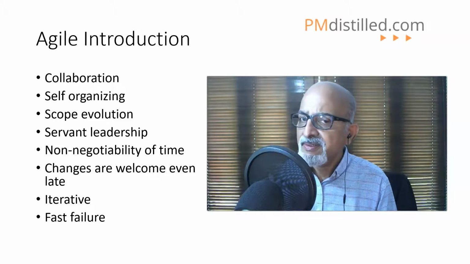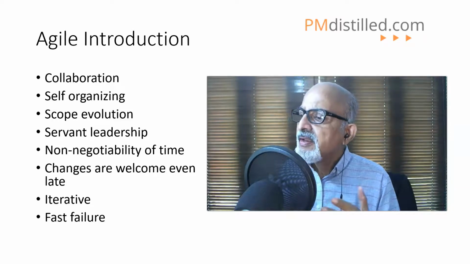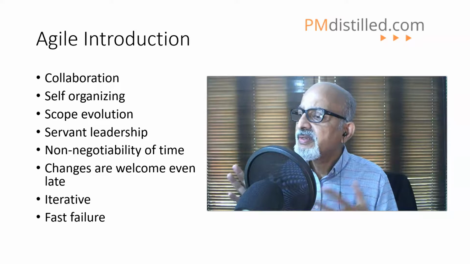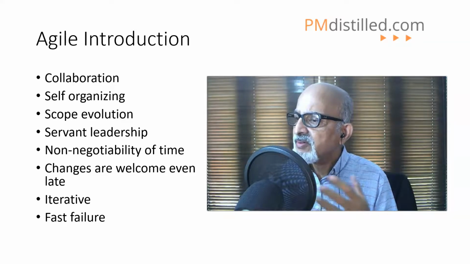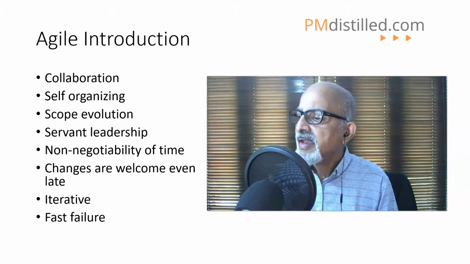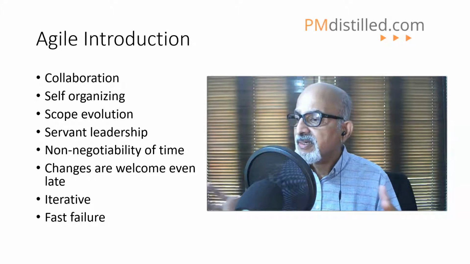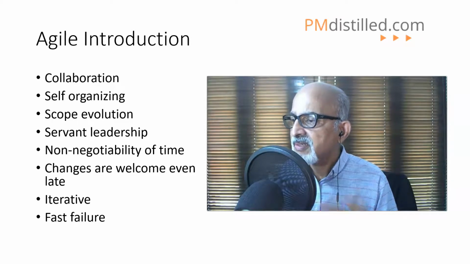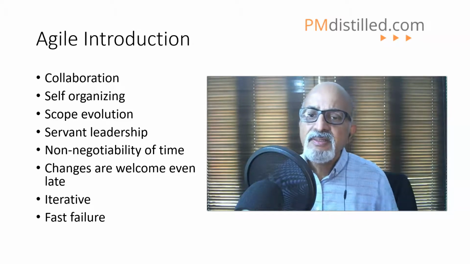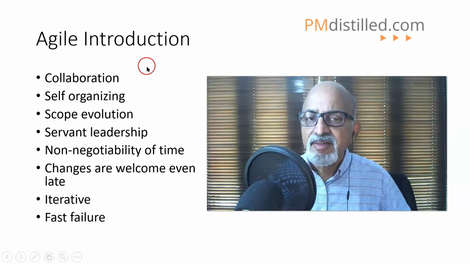And when they do this, the scope is evolving. So you start with very high level definitions, and when we do the detail engineering, the scope evolves. And it is a collaboration across different disciplines, because there can be a lot of dependencies among these disciplines. So in those kinds of scenarios, Agile is the right fit.